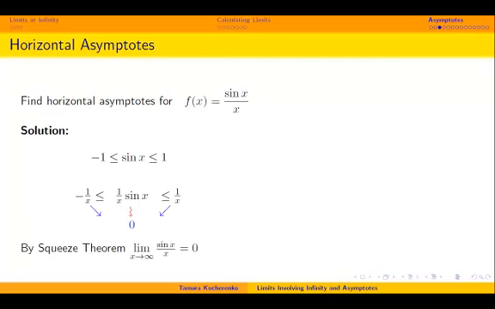So by squeeze theorem we obtain that the limit as x approaches infinity of sine x over x equals 0. Therefore, y equals 0 is a horizontal asymptote.